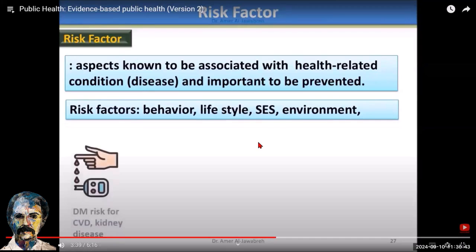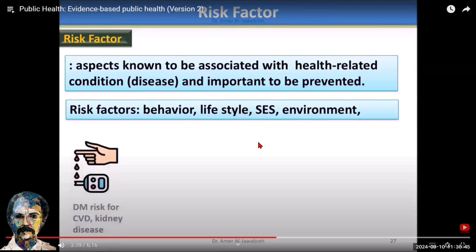And some of them might cause more than one disease. Diabetes mellitus, for instance, can lead to cardiovascular disease. It can lead to kidney disease, nephropathy. Neuropathy also. What else? Your eyes, retinopathy.